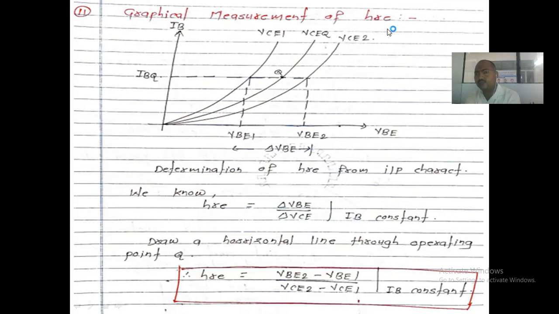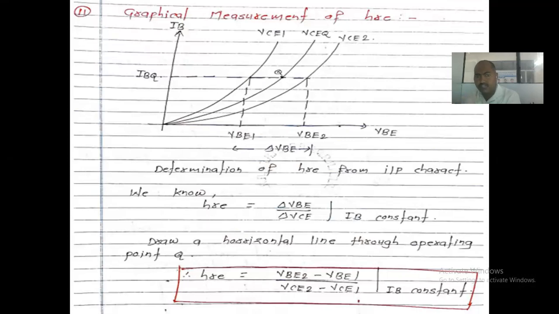So related to it, you just use the input voltage and output voltage for the purpose of your ratio. That's why measurement of hr should be related to the input voltage and output voltage only. See, for the calculation of hre, one of the important things is that hie and hre are related to the input parameters.